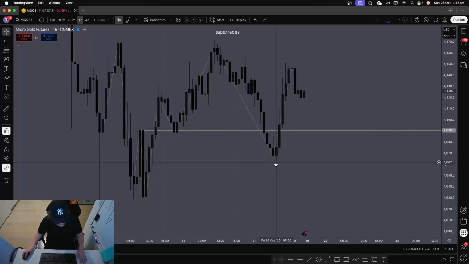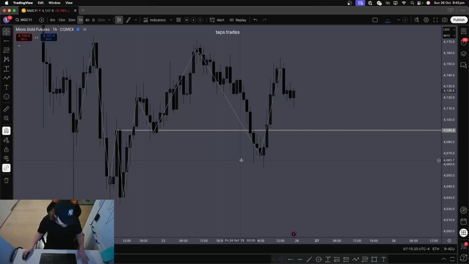We know that below this level, price has the potential to be bearish. But we know that above this level, based on the indication, price has the potential to be bullish, right? Okay, keep that in mind. Price below this level has the potential to be bearish.